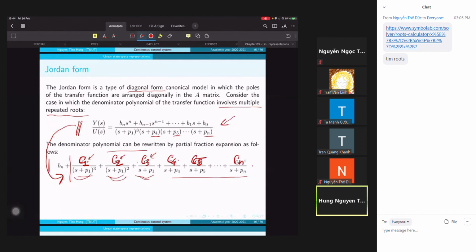Because when I apply C1 here, C1 here, C1 here, I got wrong answers. So it should be C1, C2, and C3, not C1 repeated. Even P here is repeated.